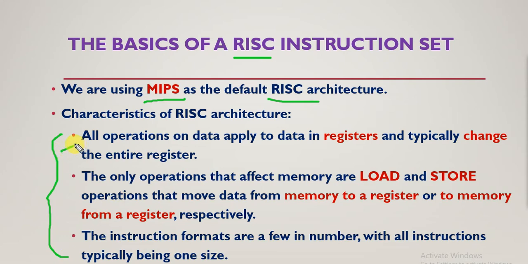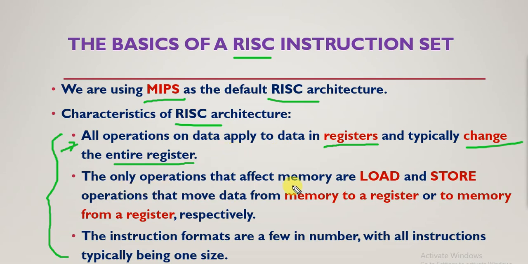First, all the operations on data are applied only to registers, and we are actually trying to change the register content. That is the feature of a normal RISC based architecture. So most of the operations are related to registers.